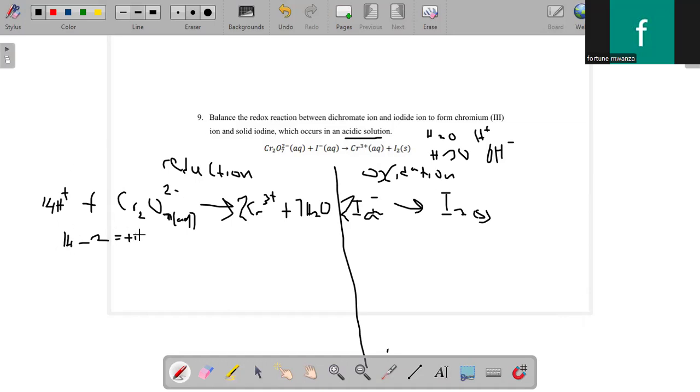Then on the product, you have a 2 here, which you multiply with 3 plus, and you're going to have +6. So that's the electron difference here.